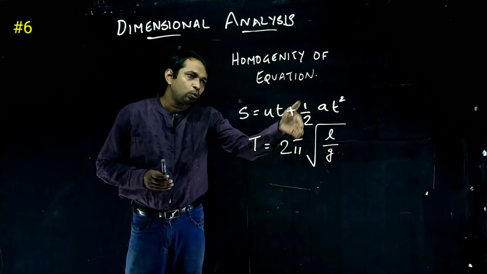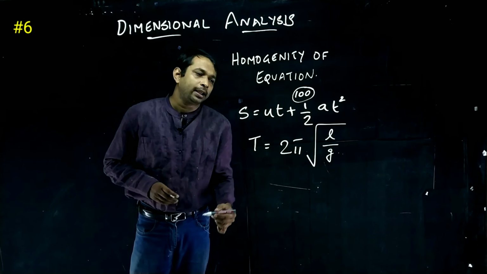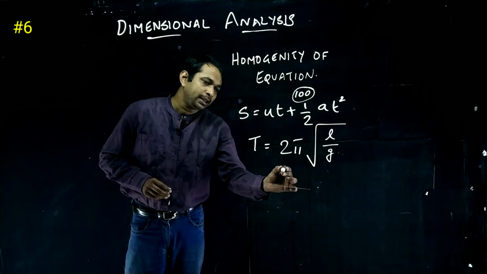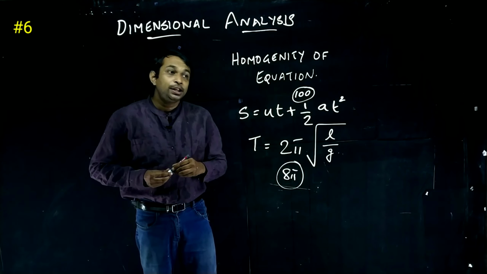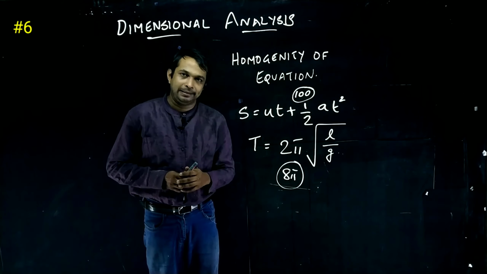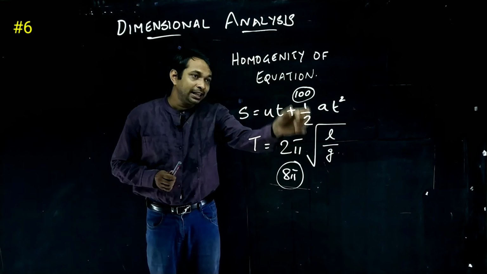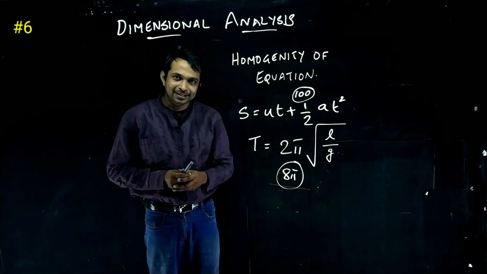If instead of this 1 by 2, I write 100, okay, and instead of this 2 pi, just imagine I wrote 8 pi, here also dimensionally this equation is correct, right? But the equation as such has gone wrong, right?